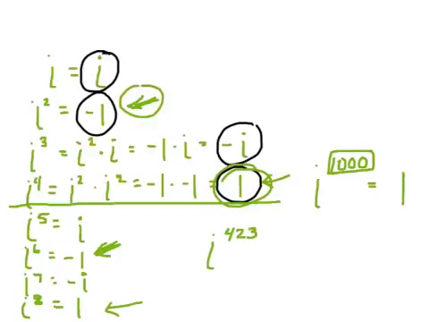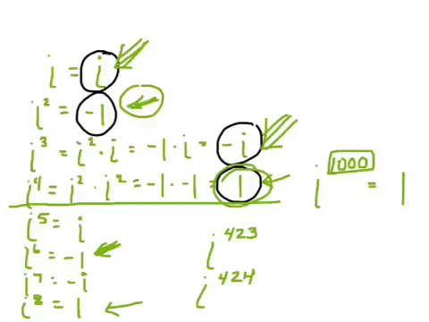So if you look at the odd exponents, you're either going to have 1, or i, or negative i. So it's up to us to figure out which one it is. So what I do is I add 1 to the exponent, and I see if that's divisible by 4.